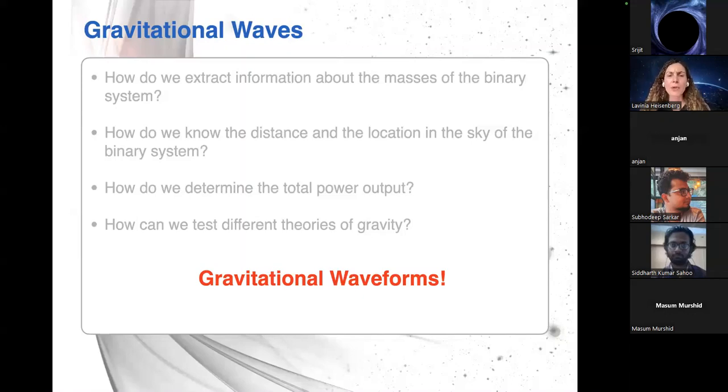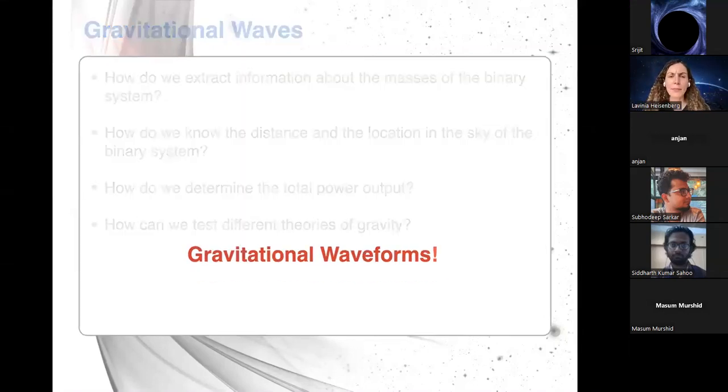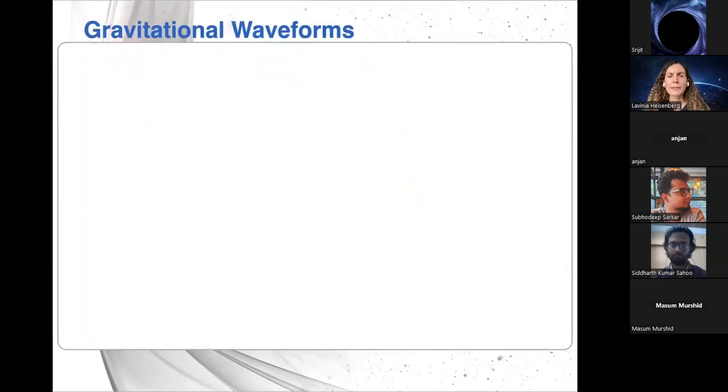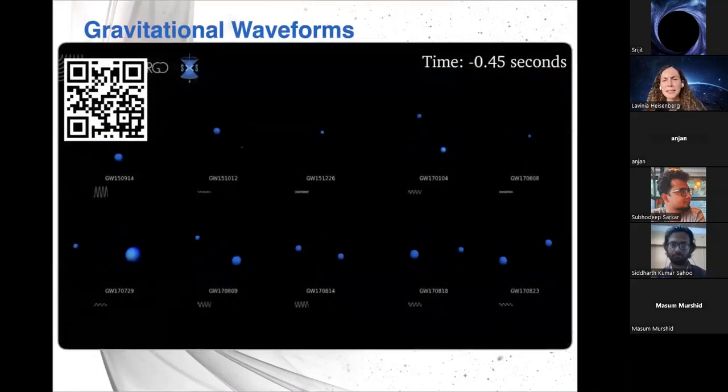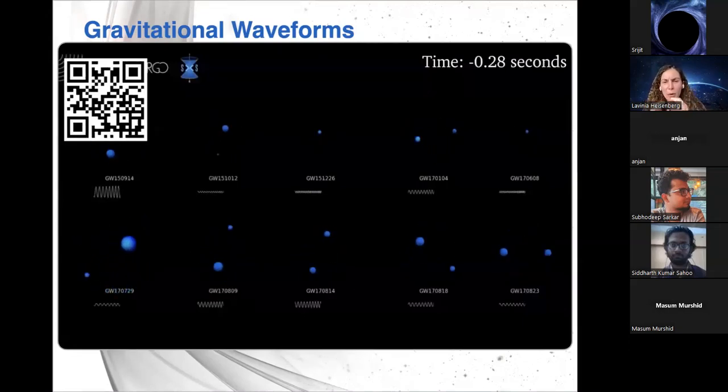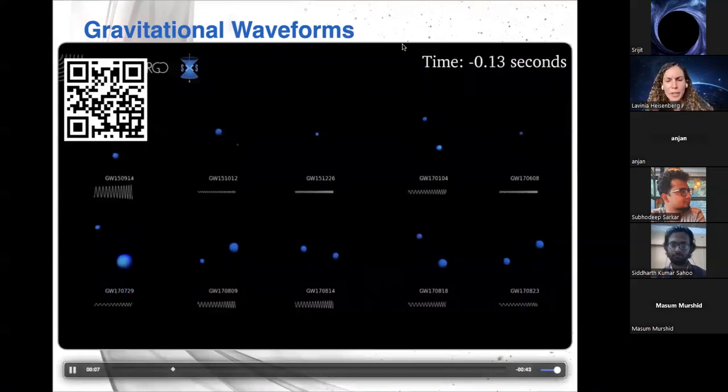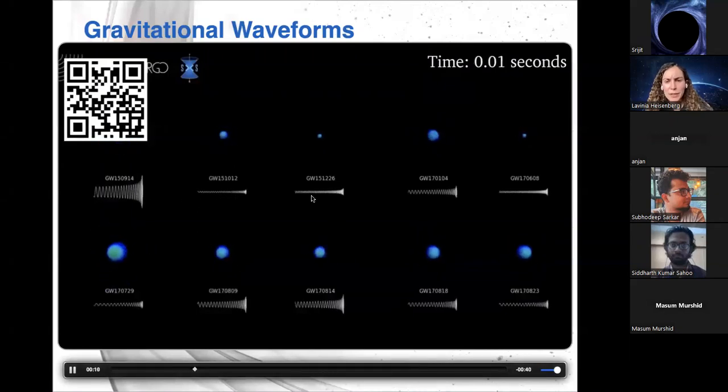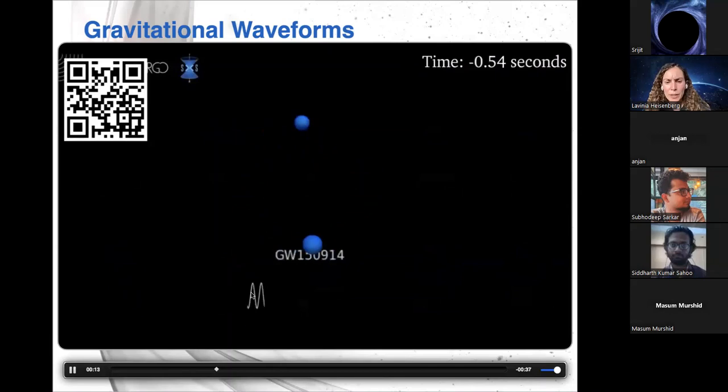Okay, so in order to answer these fundamental questions, the big answer basically to all of these questions is gravitational waveforms. As you can see here in this visualization, there are different black holes, different objects involved. And depending on their masses, you see these wiggles look very different, right? And so by observing these wiggles, which is the gravitational waveform, you can try to extract all the information about the masses, their distances, their inclination, so the parameters involved, the theory of gravity.